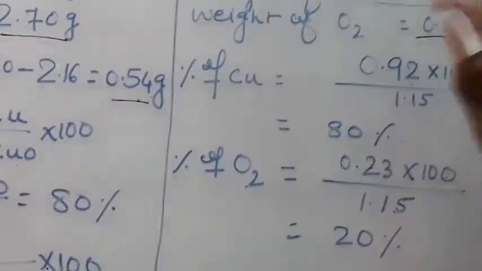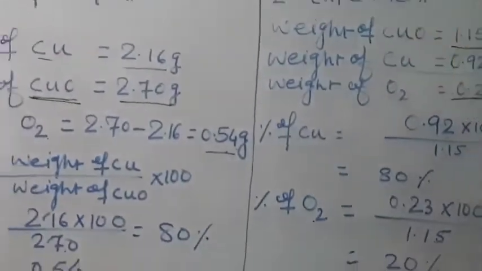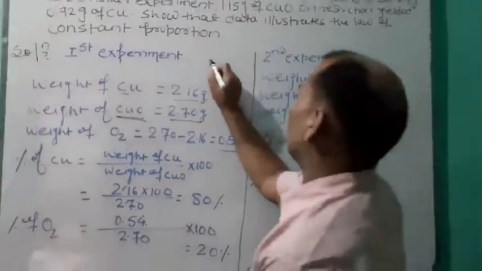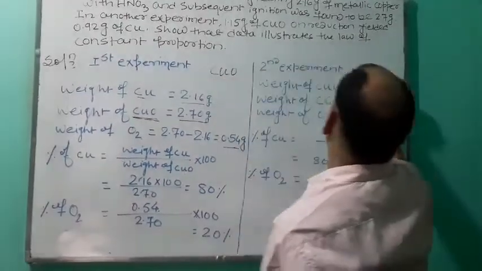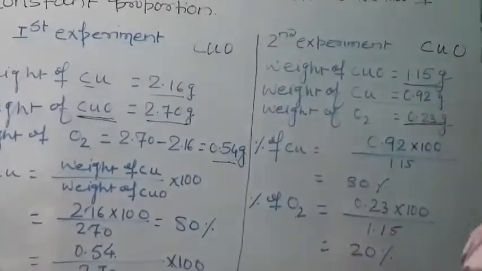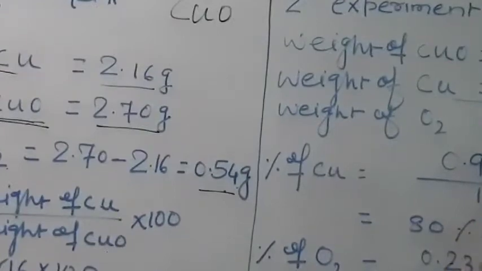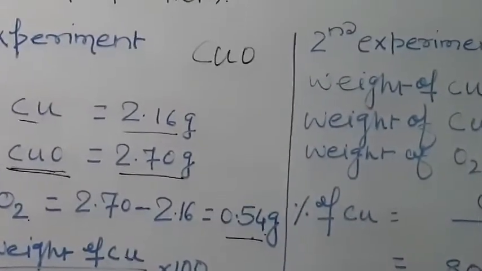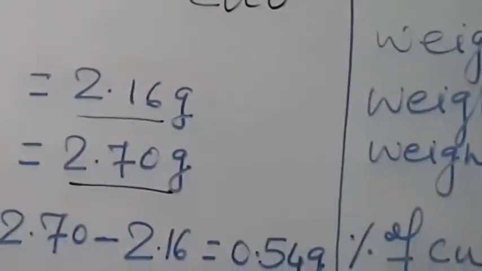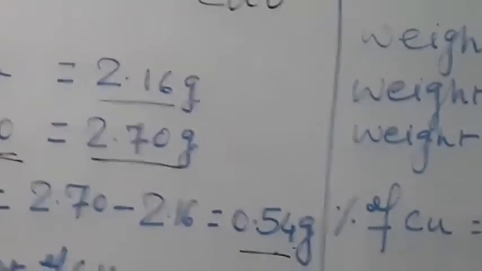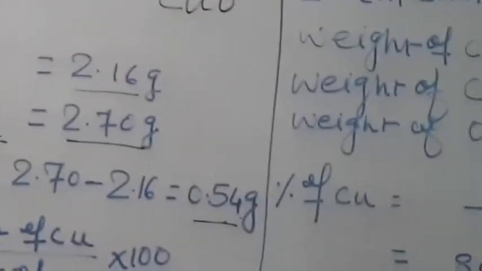Now you see, if you compare the first experiment and second experiment, in both we have the compound copper oxide. In copper oxide, we try to find out the composition of elements: copper and oxygen.